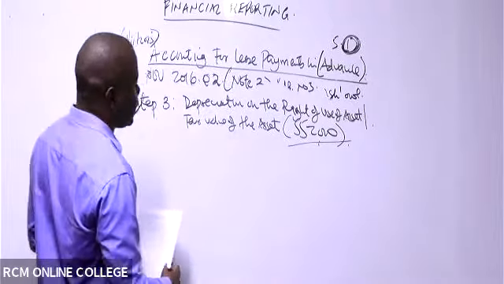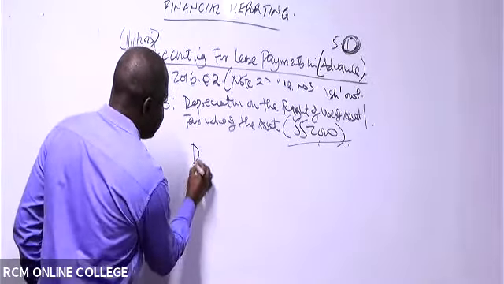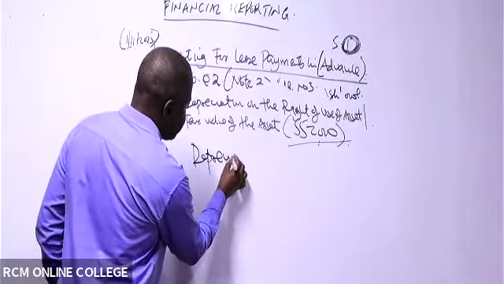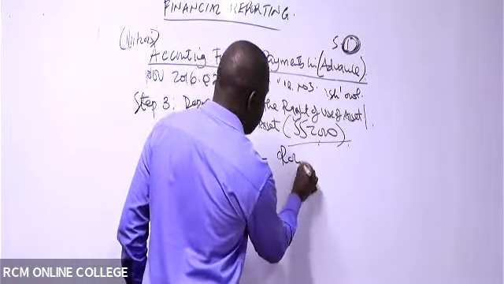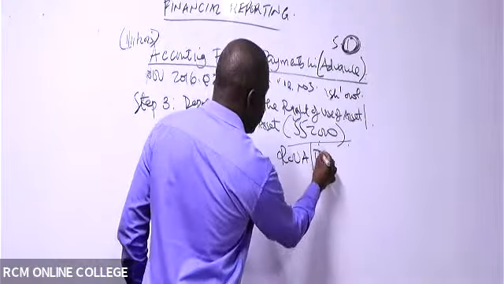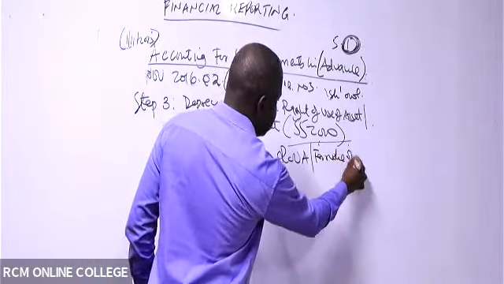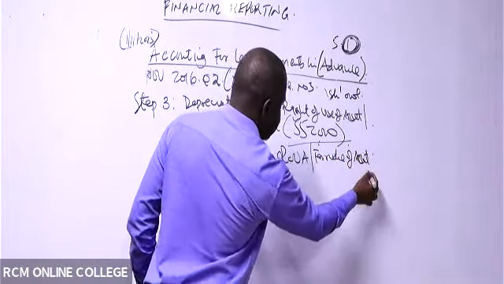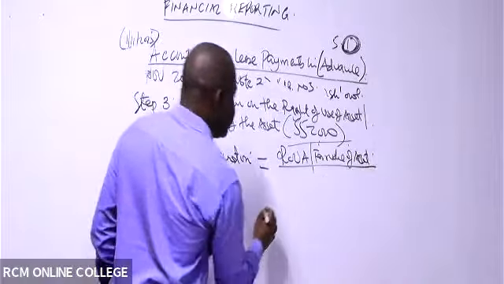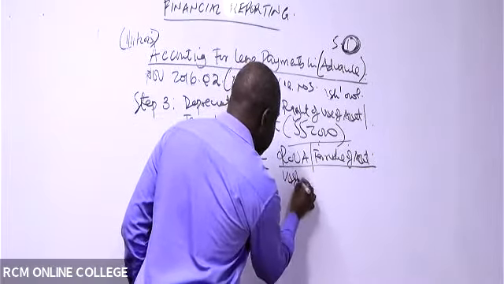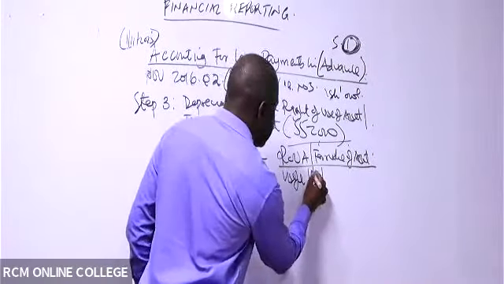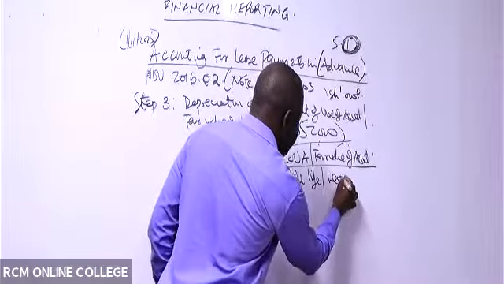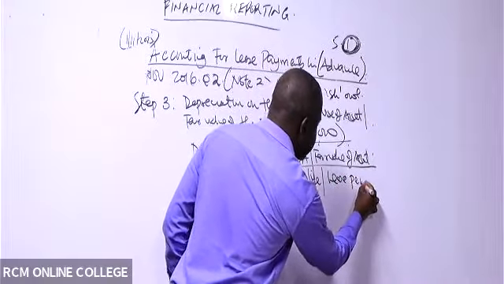And therefore, if you are calculating the depreciation here, we'll say depreciation is equal to the right of use of the asset, or that fair value of the asset, divided by the useful life, or you take the lease period.